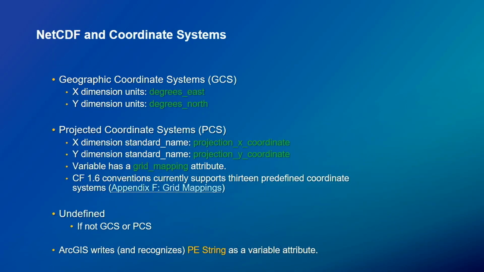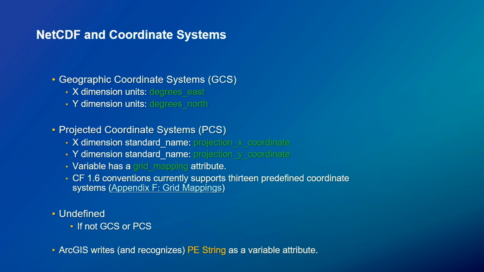Now, we talk about this coordinate system. There are key things I want to mention: we support geographic coordinate systems, we support projected coordinate systems, and in your file, there are certain ways to define it, and it is already there or not. We look at some of the key information, and based on that, we decide whether it's a geographic coordinate system or a projected coordinate system, or if it is a projected coordinate system, what projection you are using.